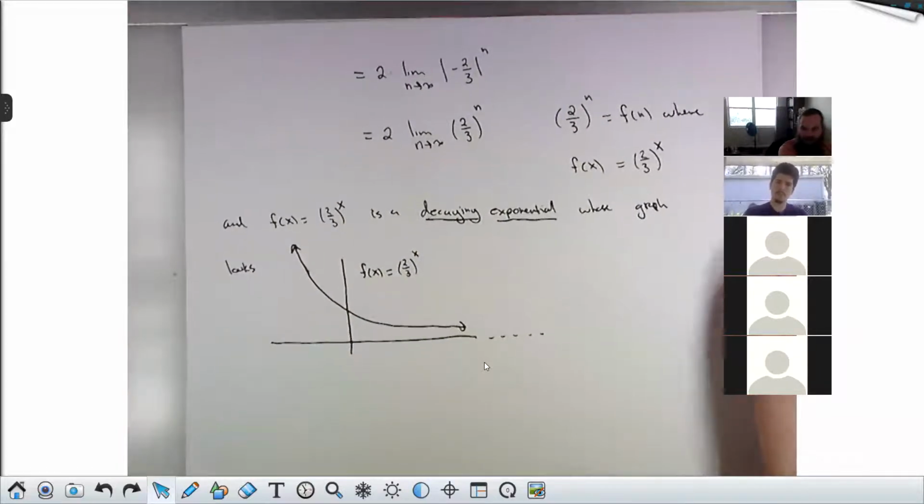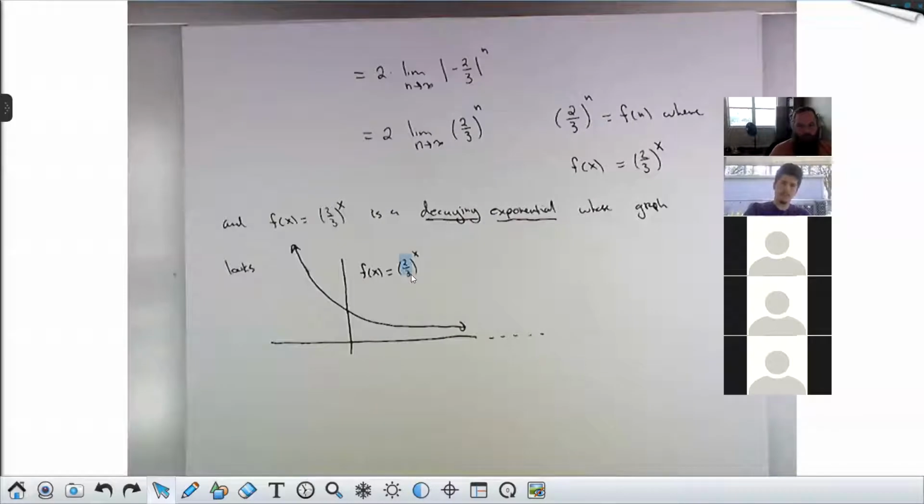Just like e to the negative x, or 1/2 to the x. 2/3 to the x is a decaying exponential. It's decaying because the base is smaller than 1.